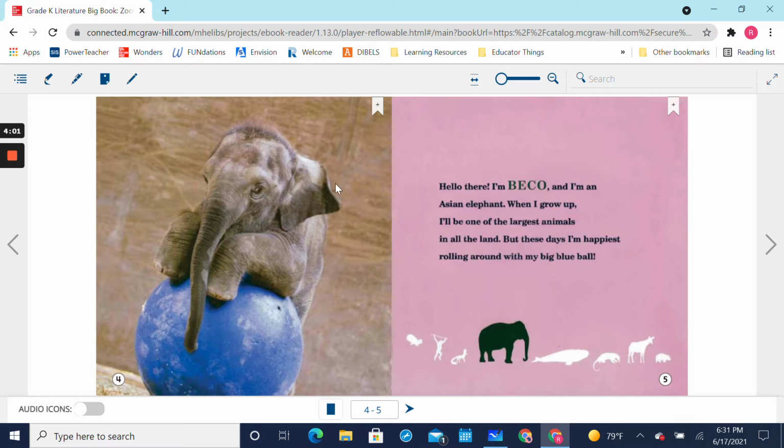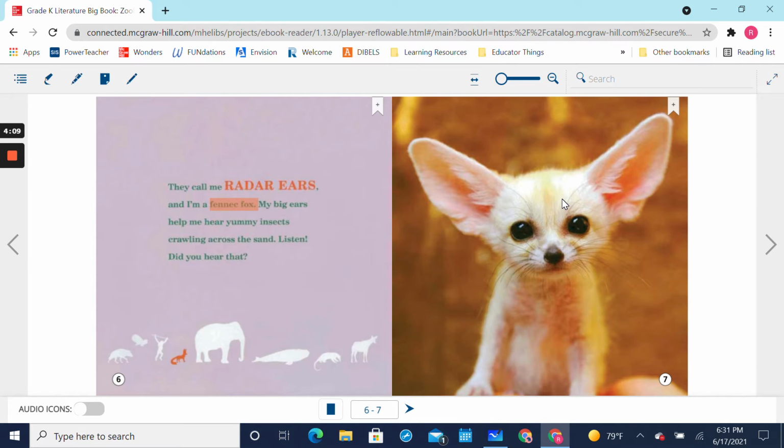I think that it's really interesting because we can see that a baby elephant has really big ears. And then when we look at a fennec fox, they also have big ears too. So that's something that we could compare. They both have big ears.